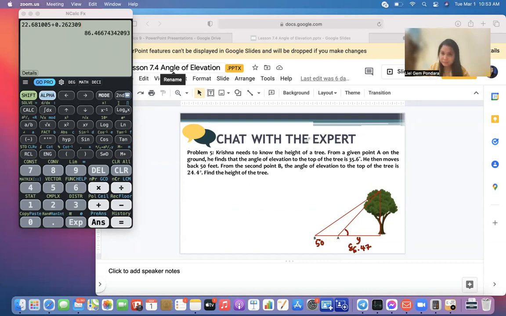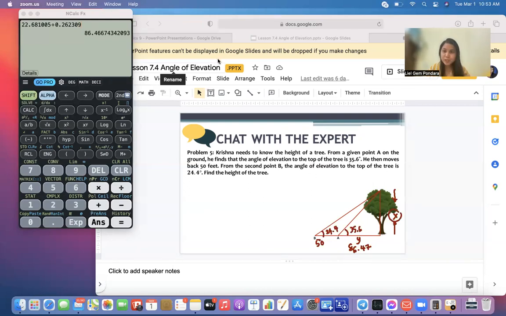Angle A is 35.6, while angle B is 24.4. X is missing. There. Now we're looking now for X.